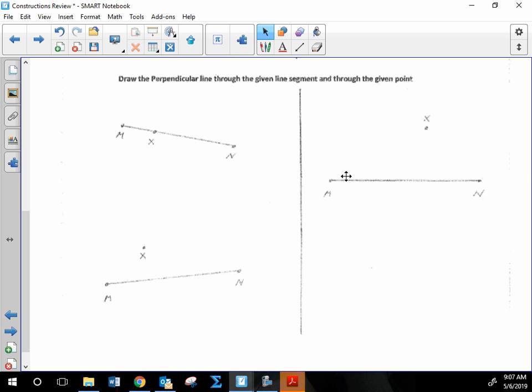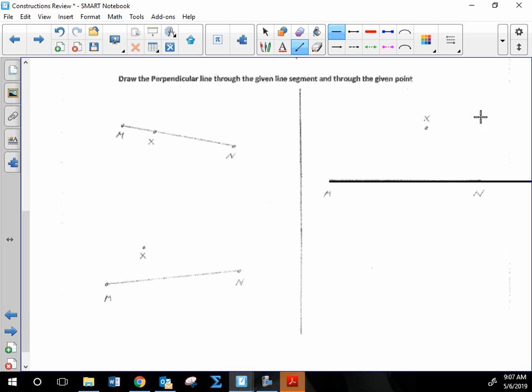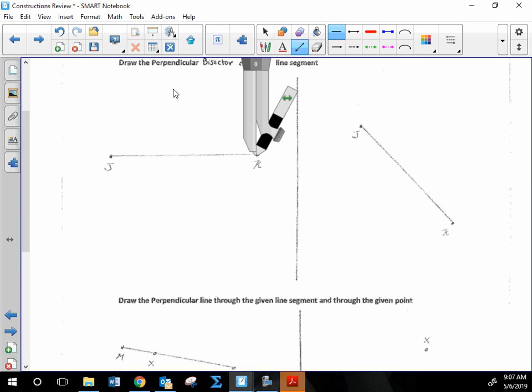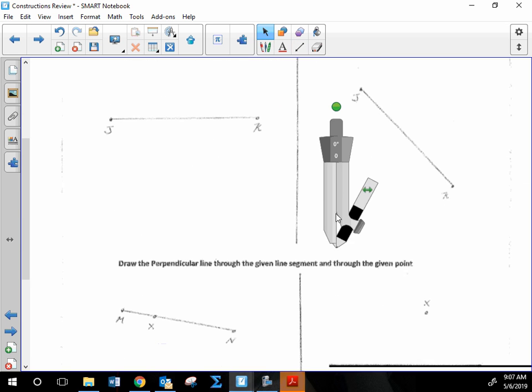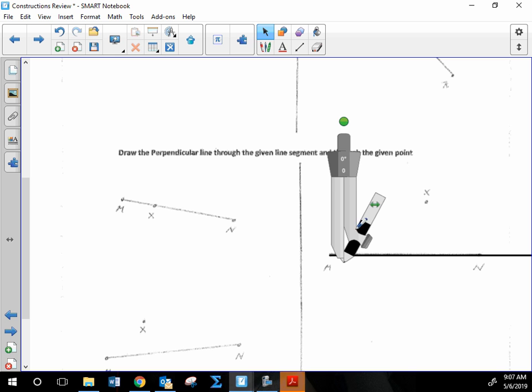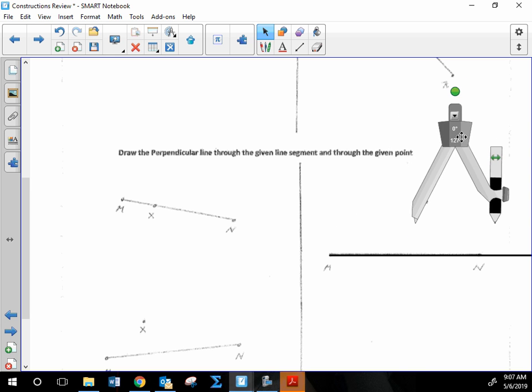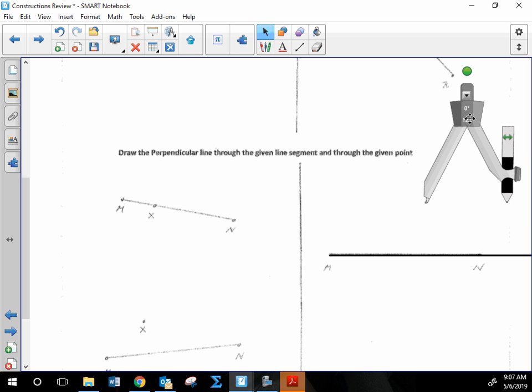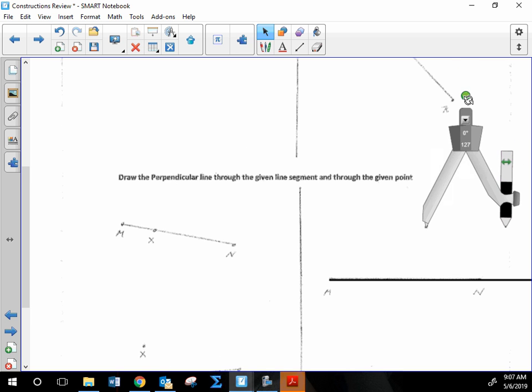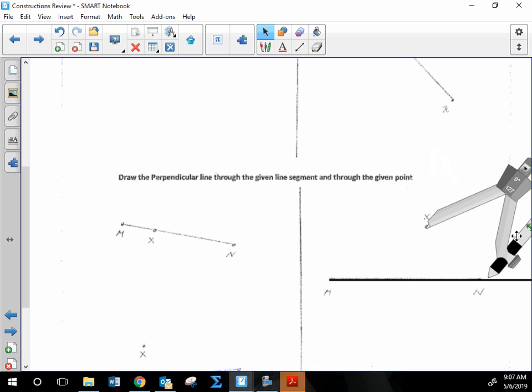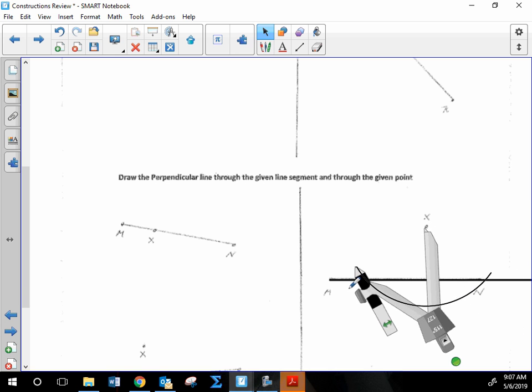Sometimes you have to extend out your line for that. I'm going to go ahead and do that actually. And you just use your ruler for that. I'm going to take my compass. And it actually ends up being the same instructions regardless of whether the point is on or off. Your first thing that you do is put your compass on the point, and you want to draw so that it intersects the line on both sides or in two spots.